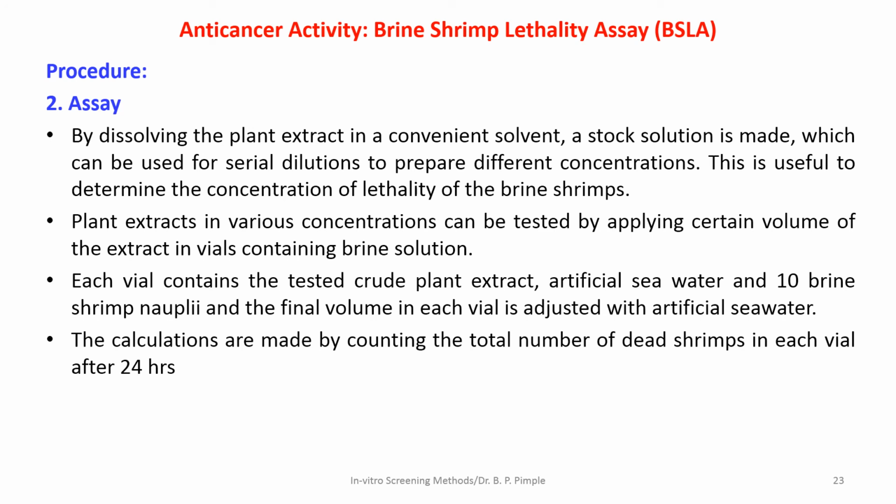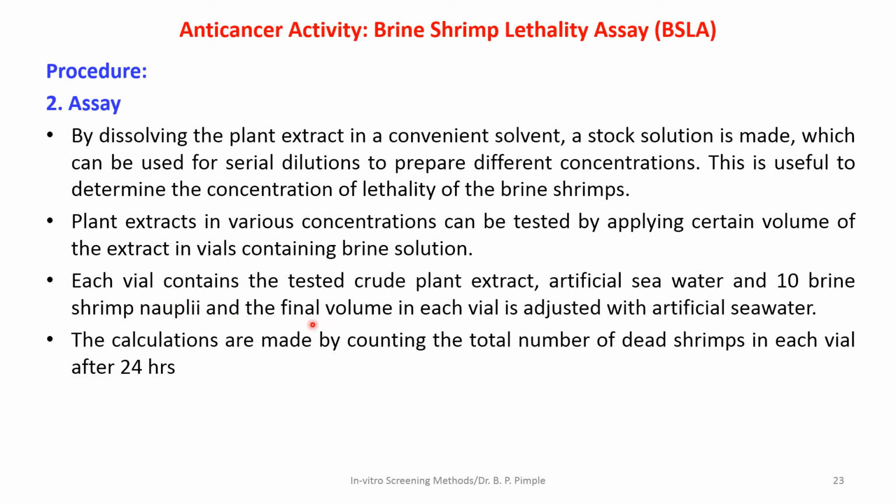The plant extracts in various concentrations can be tested. Each vial, that means the test tube, should contain the crude drug plant extract, artificial seawater, and 10 brine shrimp nauplii. Ten will not cause crowdedness in the test tube, so 10 is sufficient.